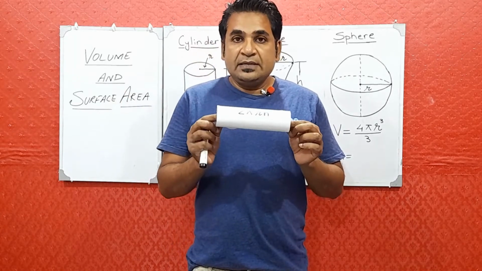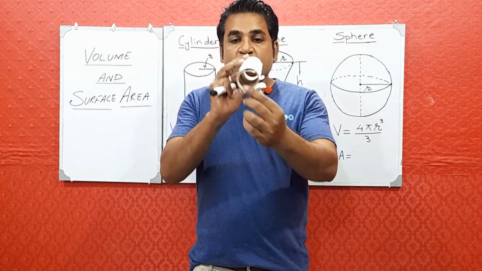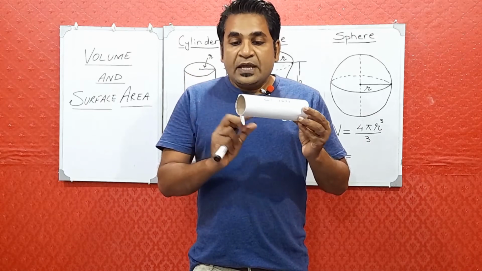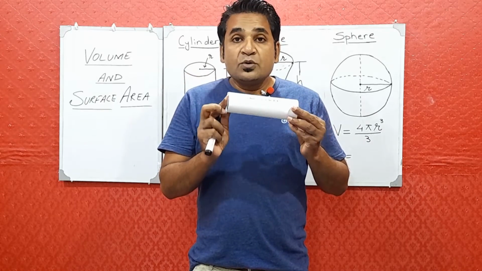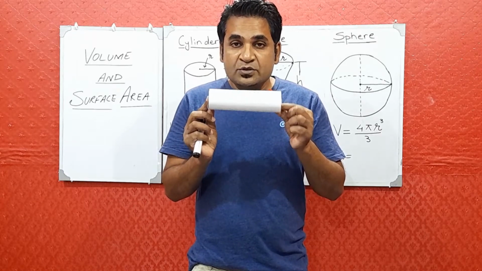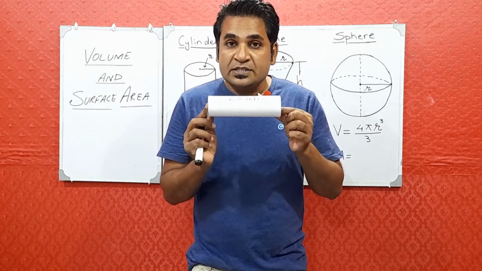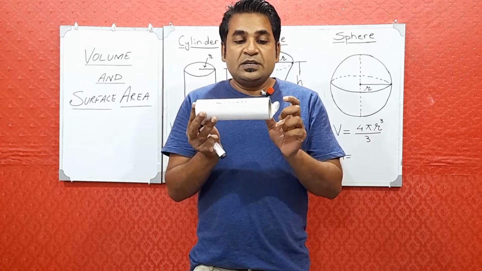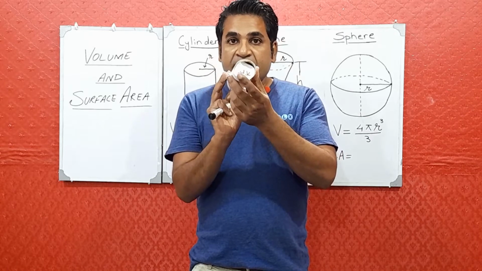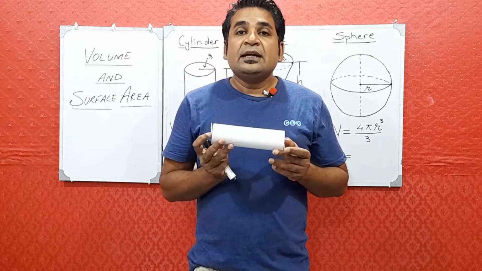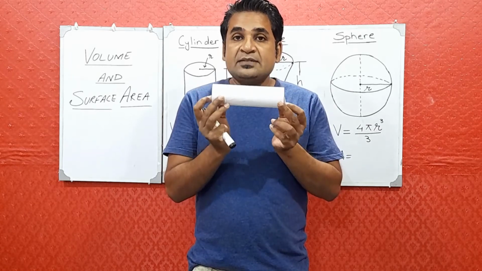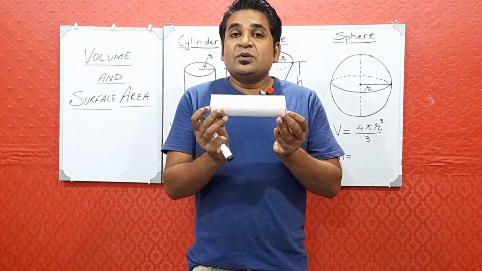Now you can see that this was open from both ends. If I close it from one end, will the size of this object change? No, that will not change. If I close it from both ends like this, it will again not affect its size, which will remain the same.